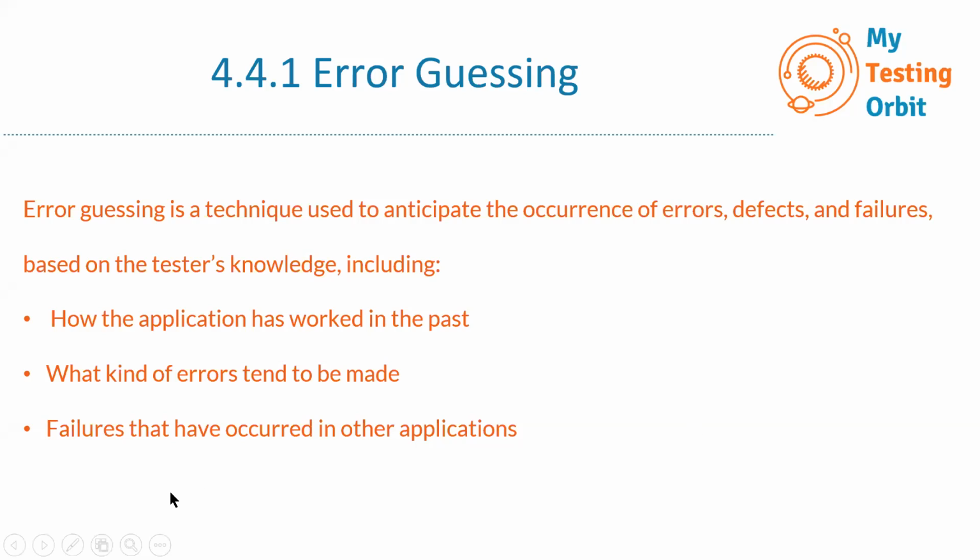So this applies to this third line: if we already know what the reasons were for the failures in the application last time, this time we can avoid that, because that's the main reason for root cause analysis, to learn from the mistakes made and to avoid them and improve the quality of the application in future. So yes, error guessing, though it's not a formal technique, is quite useful, quite powerful.